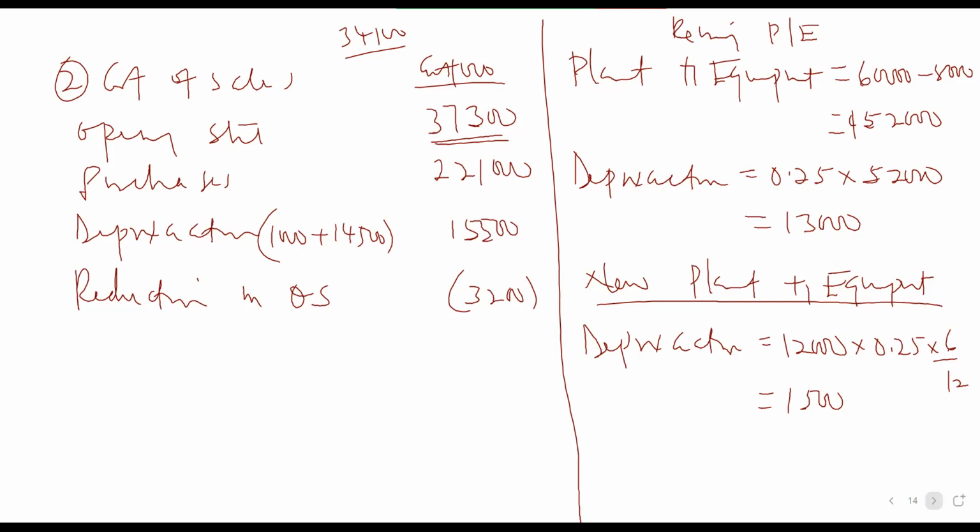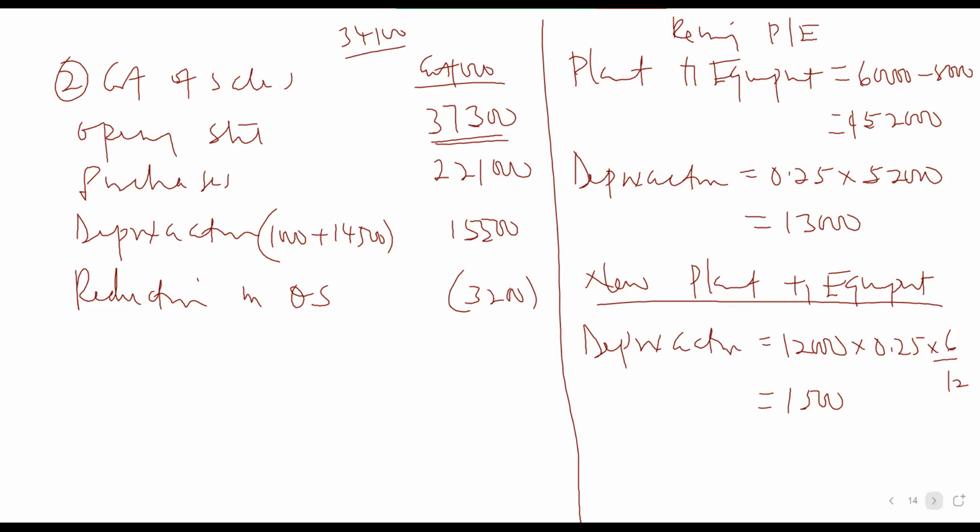What is the opening stock figure there? 37,300. So it means that they are still carrying the inventory at FIFO method, isn't it? So we have to reduce it to what? To the weighted average method, and that will be 34,100, but we are using 37,300, so you have to reduce it to 34,100.